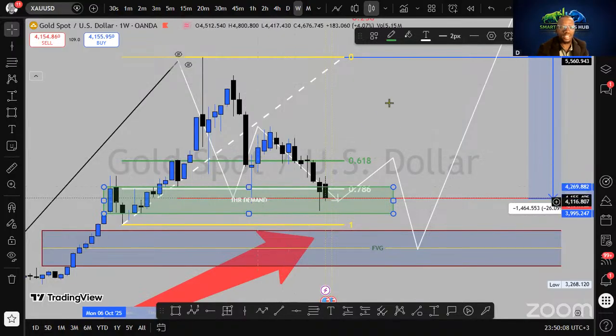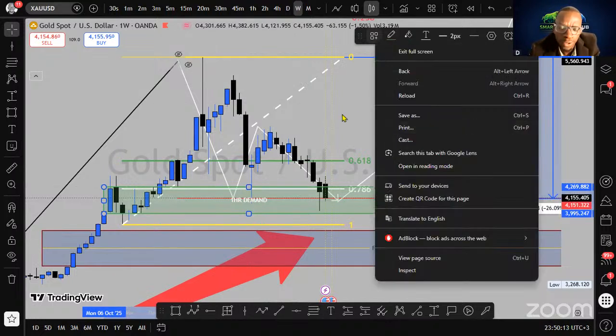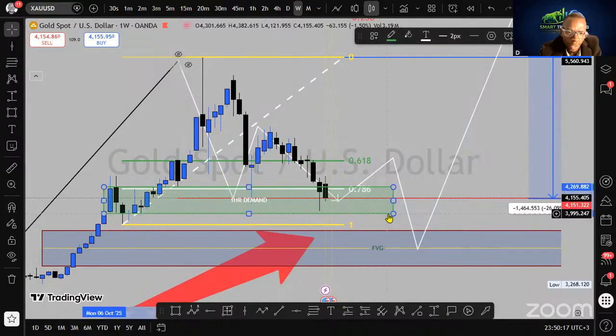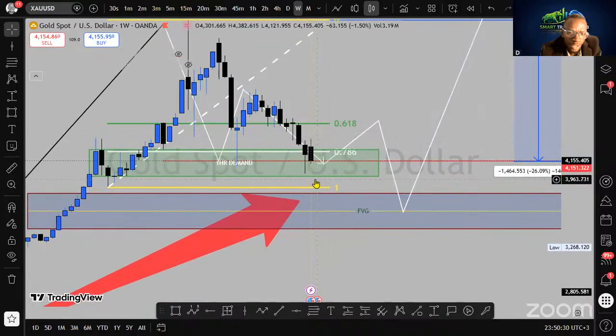So those swing traders who are looking to buy gold, this is a perfect time you can decide to buy, because we are sitting around buyers' territory, unless sellers now come and break to these levels down here.